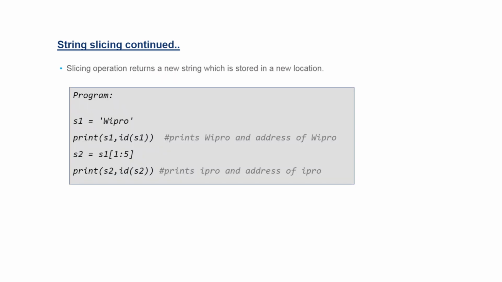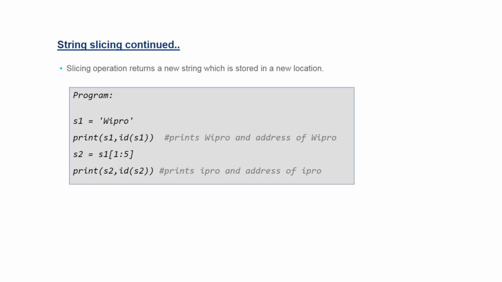String slicing, again, is a continuation of the previous slide. S1 is Wipro, assigned in S1. So print S1 comma id of S1 means it prints S1 and also the address of S1. Next, S2 is equal to S1 of 1 colon 5.